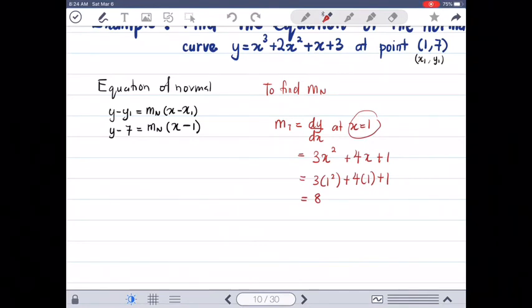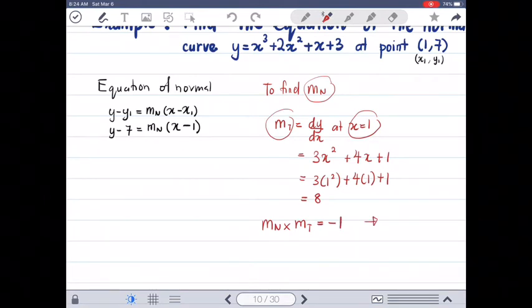And the relationship between mn and mt is that mn times mt equals negative 1. This is because the normal and the tangent are perpendicular to each other.